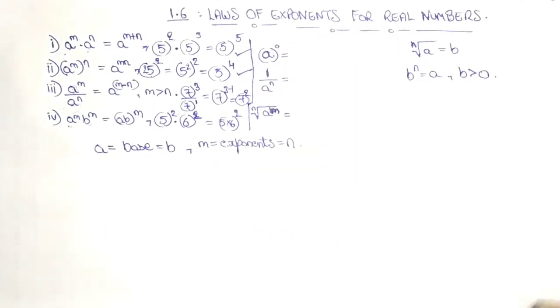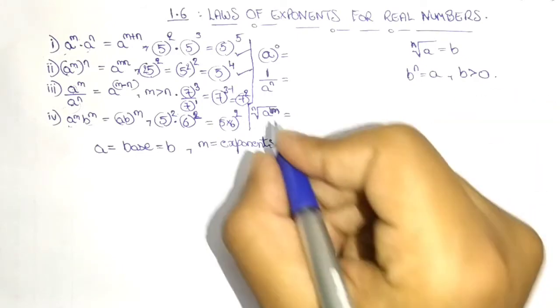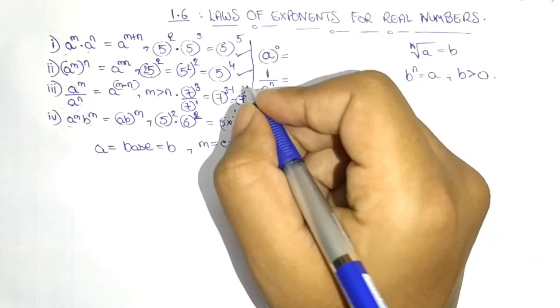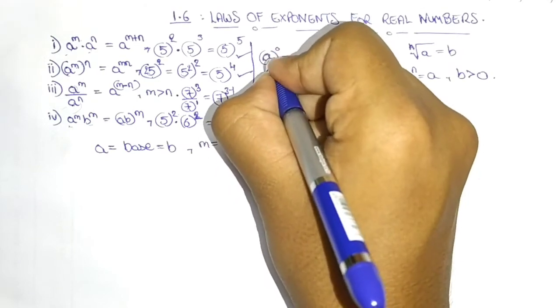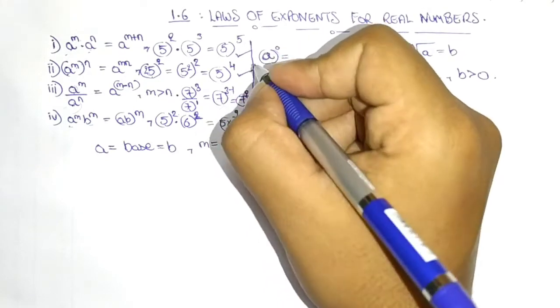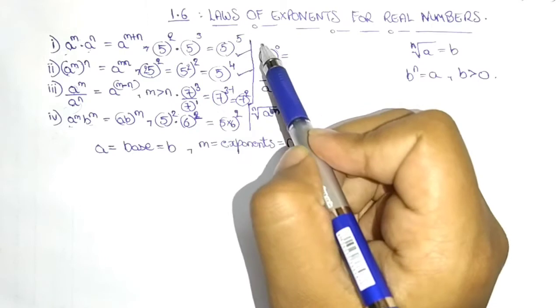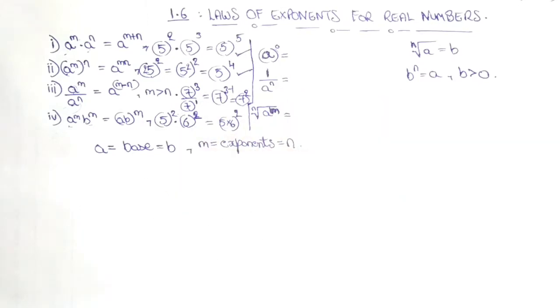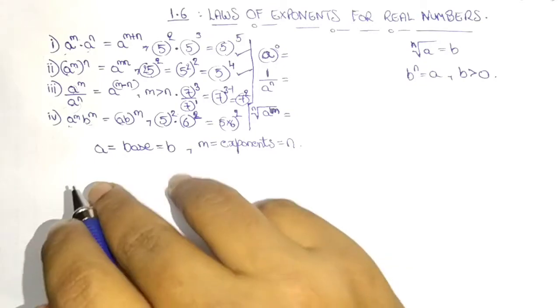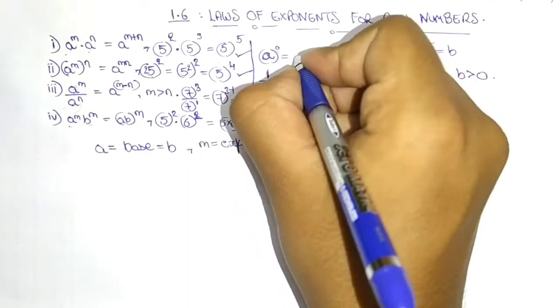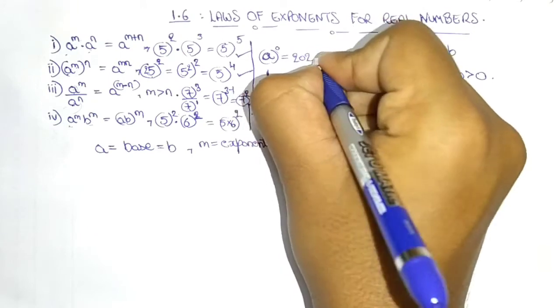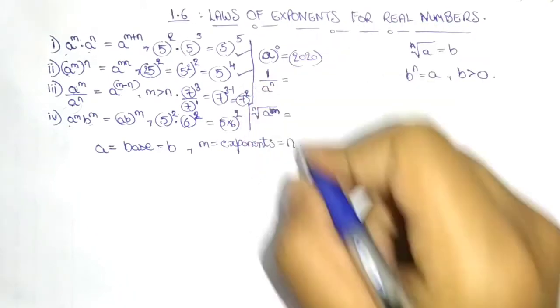Coming to some important results. These are not laws but results. What is some number raised to the power of 0? Here the exponent m is 0. What is the answer for that number? Take any number. Let us take 2020, the year we are in.